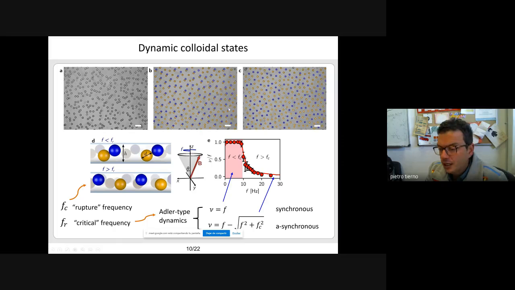So we can identify, by tuning the frequency, two different critical frequencies that bridge two types of behavior: a rupture frequency and the critical frequency.